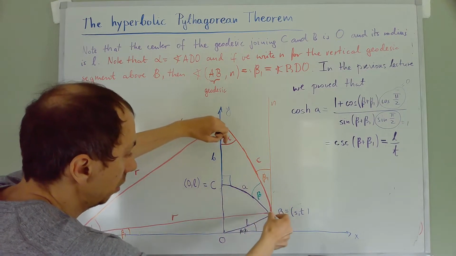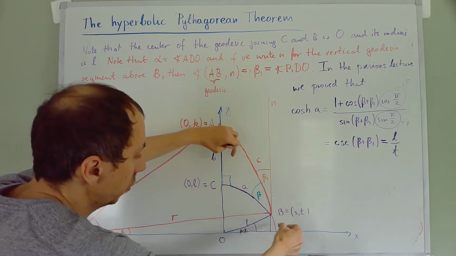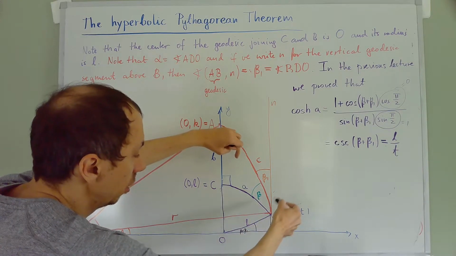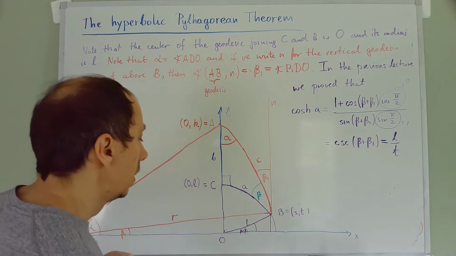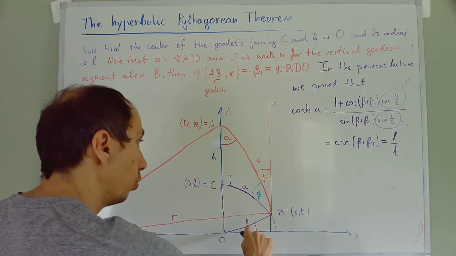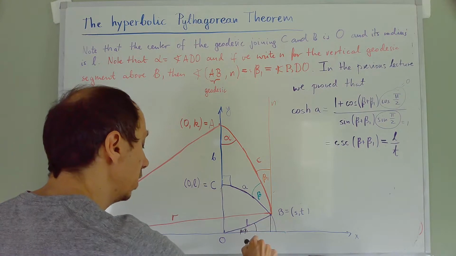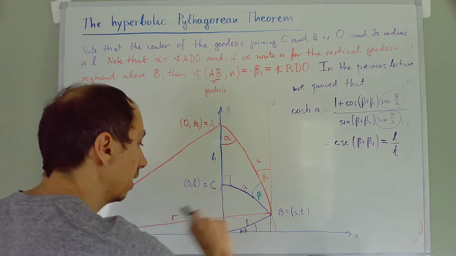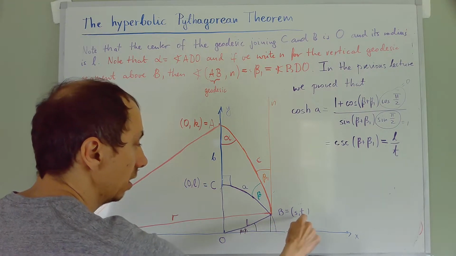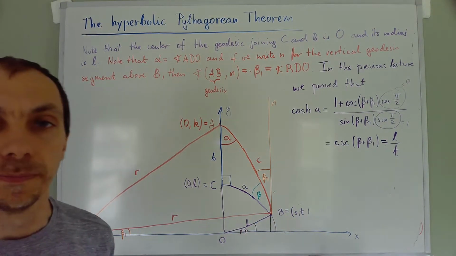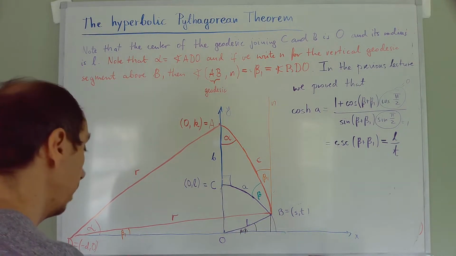That makes a smaller angle here, and the tangent line to this circle is perpendicular to the radius. If you do the calculation, you see this is the same angle as that. The cosecant of beta plus beta 1 is the hypotenuse L divided by the opposite leg, and the length of this leg is T, because that's the y-coordinate of the point B. Okay, so we have that.